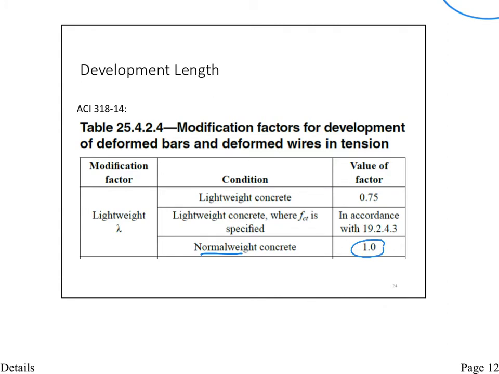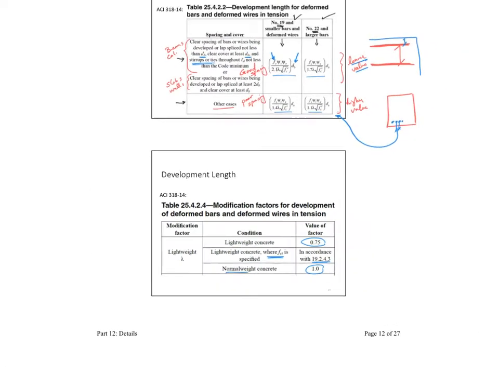For lightweight concrete, lambda equals 0.75. For fct and some specifications, if you're specifying some lightweight concrete, then you have to go in accordance with this provision that is not covered now. But generally speaking, once you see a lightweight concrete, your lambda is 0.75.